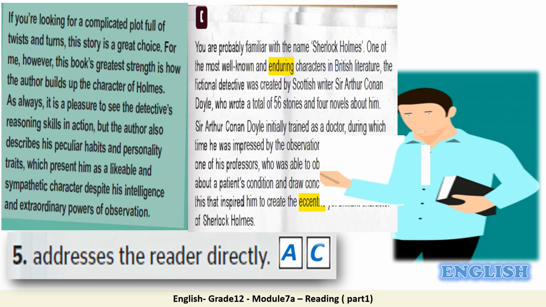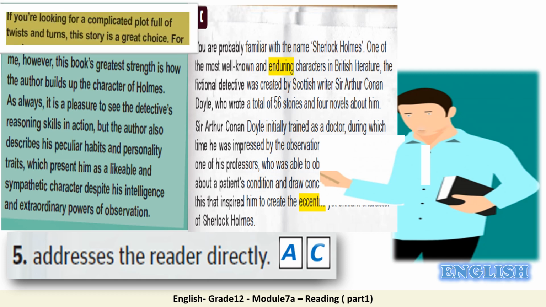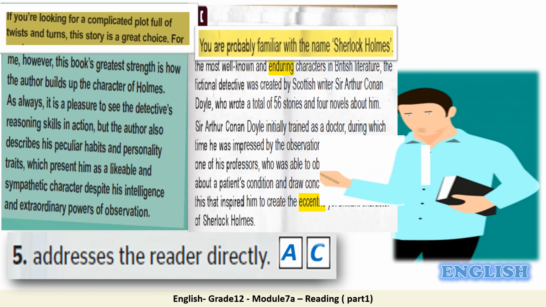See how the writer is using the second person here, addressing the reader: you. In each, if you are looking for a complicated plot. And when he says you are probably familiar with the name Sherlock Holmes.